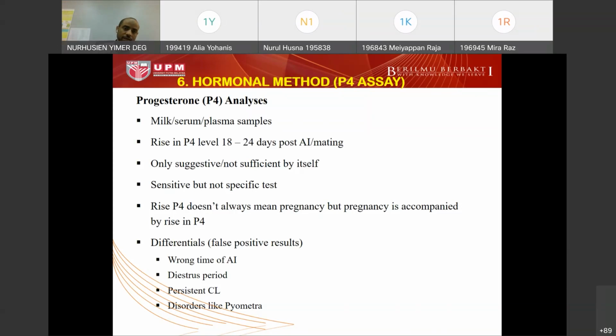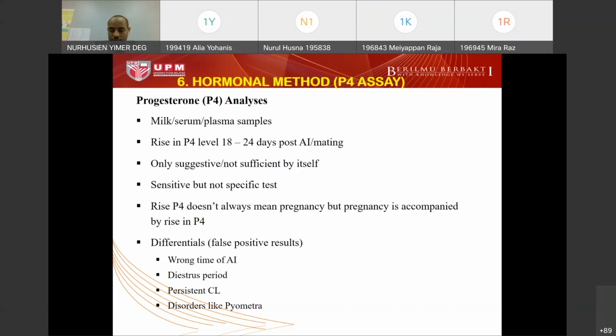So having said that, this method of pregnancy diagnosis comes with a lot of disadvantages, right? Despite the fact that this is a very highly sensitive method to detect progesterone level in the blood or in the milk sample, it's not a specific method, meaning that you can have a progesterone level which is high, but not necessarily due to pregnancy.